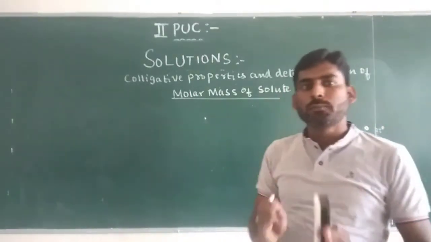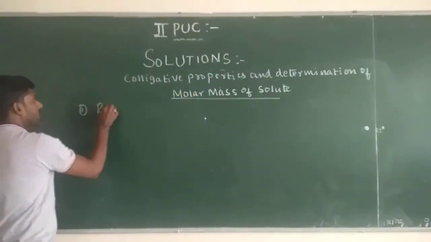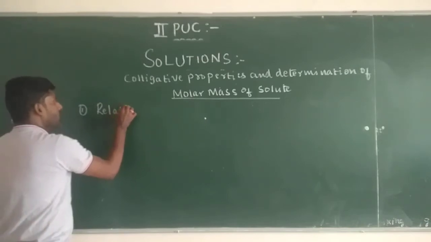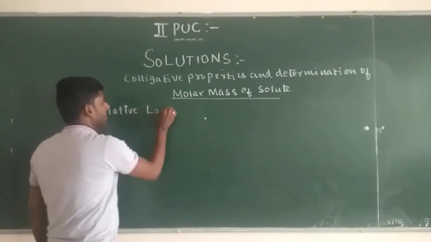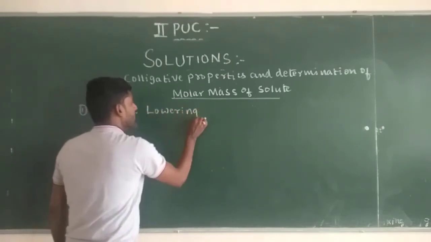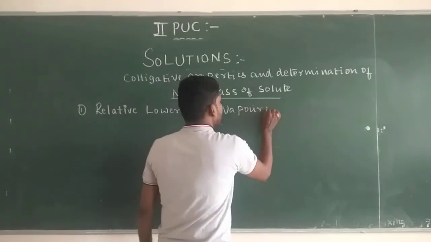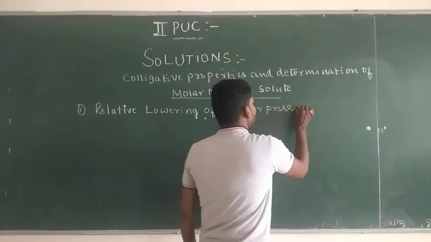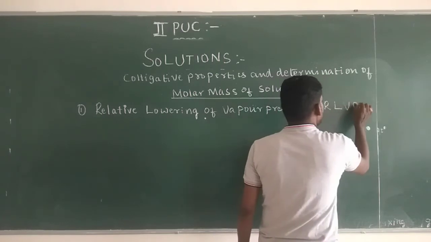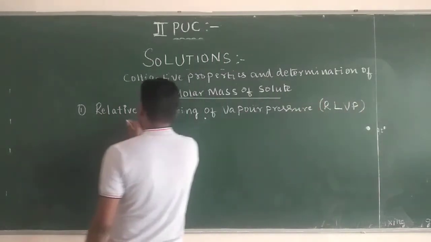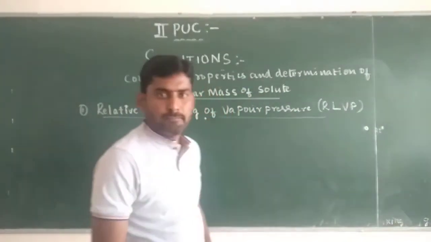The first colligative property is relative lowering of vapor pressure, RLVP.